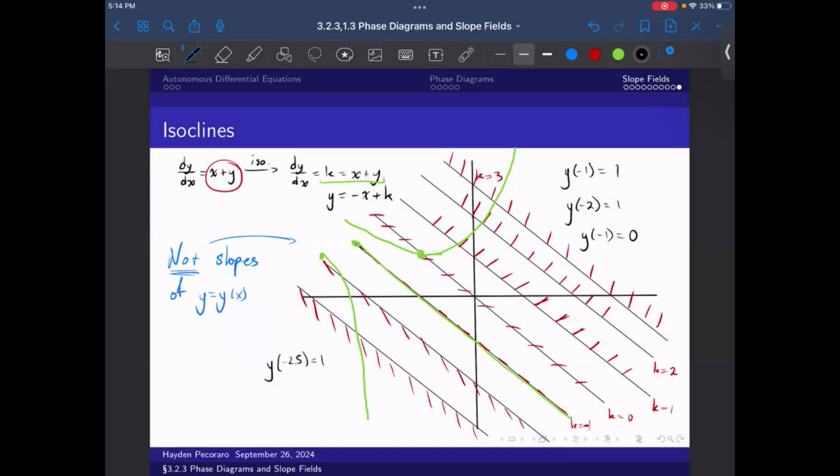Yeah, that would be a different k value. The line isn't necessarily flat; it's straight, but it follows the isocline in this case.